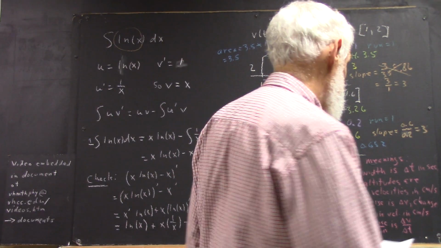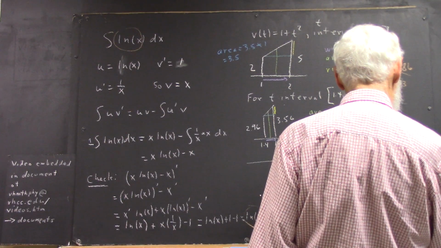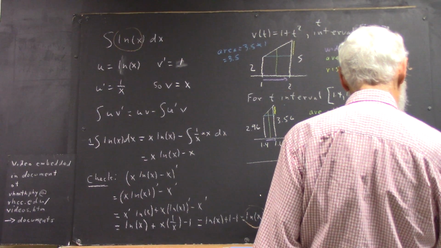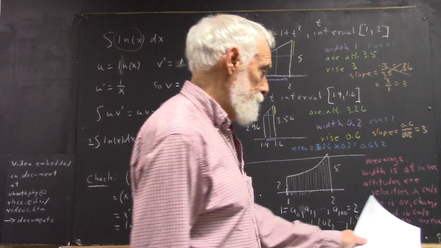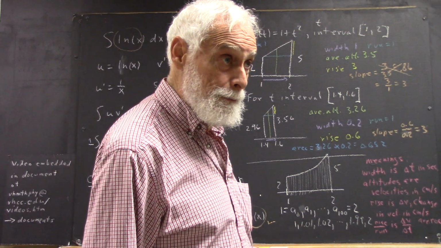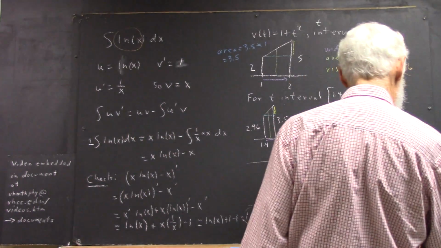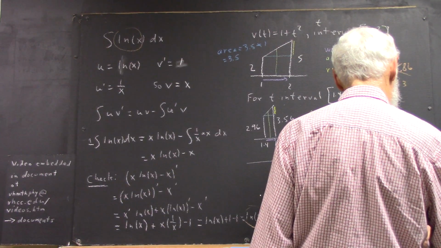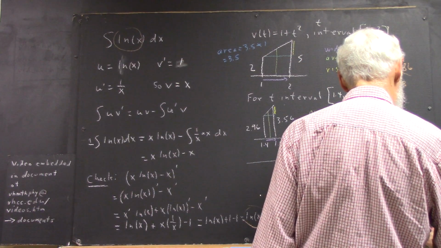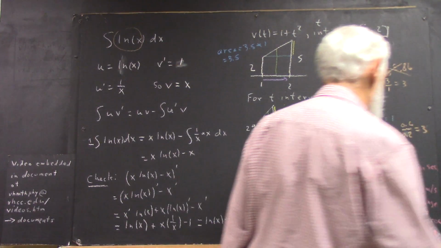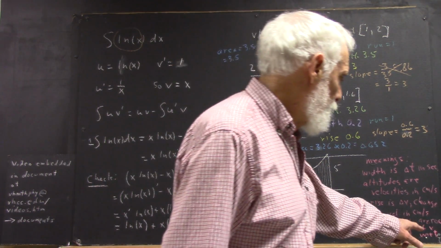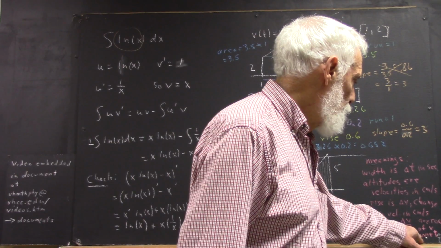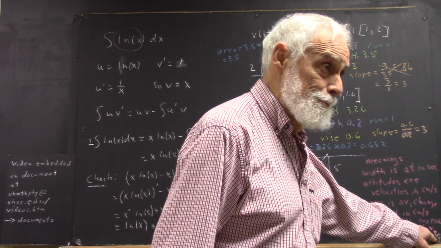That's the average rate of change, which I'll abbreviate with ROC. Average rate of change of V with respect to T.